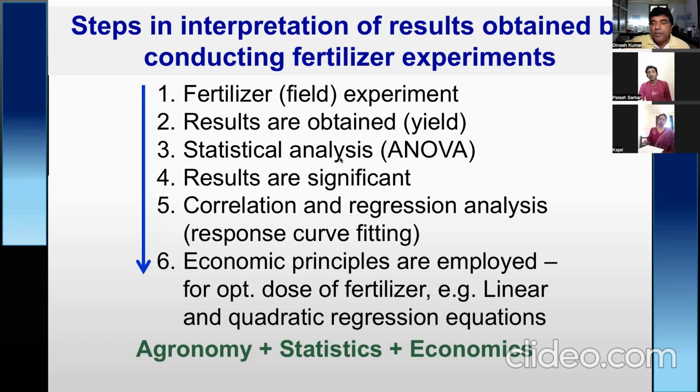Okay. So in this case, first, what is required? You need to tabulate the data. Treatment-wise, in the first column, you will have treatment, say 0, 30, 60, 90, 120, whatever level you have. In the second column, you will have yield data. Yield data for replication 1, for replication 2, and for replication 3.